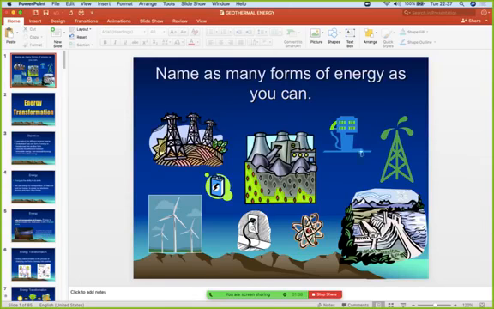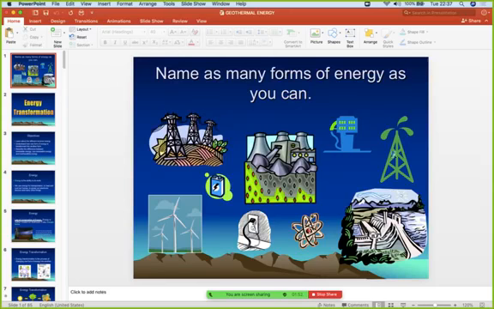Here we have a source of fuel as well, in the form of a gas station.